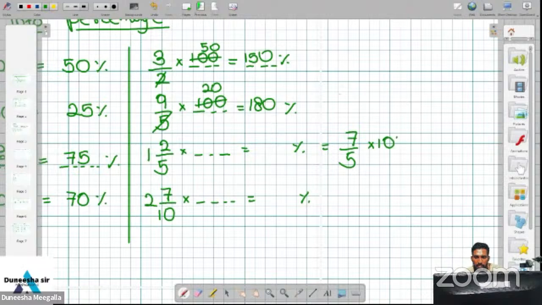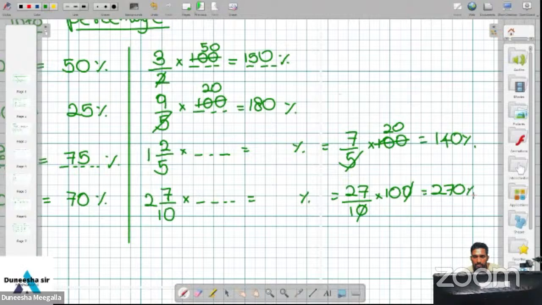Multiply by 100. Then 140%. Then next one, 27 over 100. Then multiply by 10, 270. Okay, if you finish it, raise your hand now.